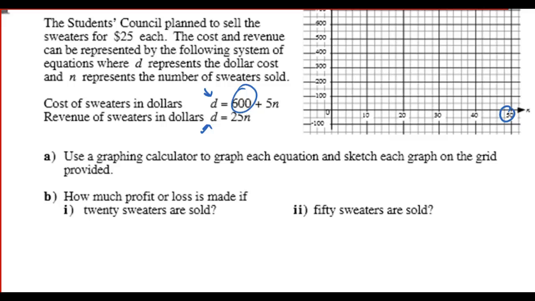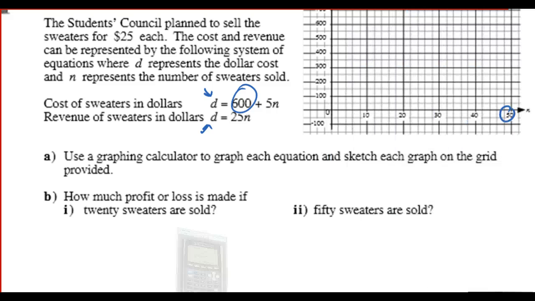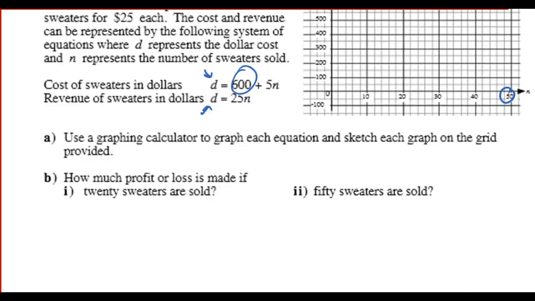what we're looking for here, again, if 20 sweaters are sold, so I'm going to go ahead and use second function calculate. I'm going to put 20 into both equations. So let's go ahead and calculate that. Find the value of 20, and my first graph is the top one. I can actually do this algebraically just to be a little more precise here. So here is my D equals 600 plus 5N.